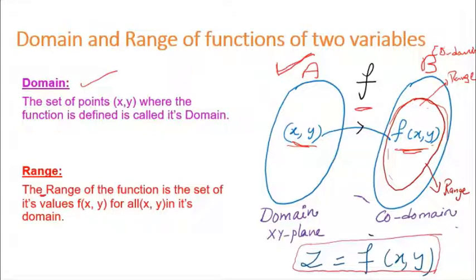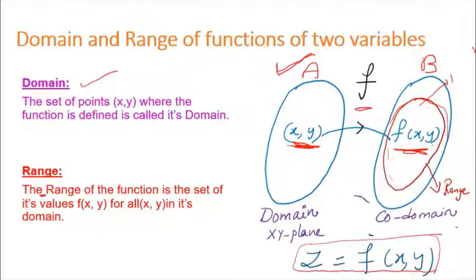The function is z equal to f of x comma y. This is already written here: domain, codomain and range. Codomain means it has all the elements in B, but those which are images mapped from x y are in the range, the set of all f of x y. Domain is A, the set of points x y where the function f is defined.